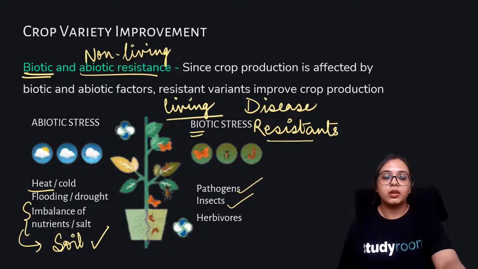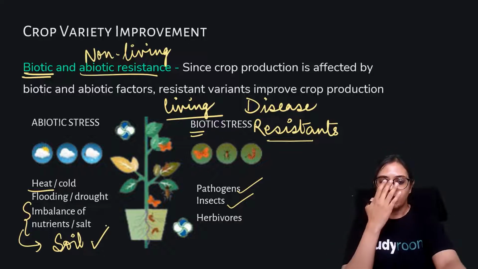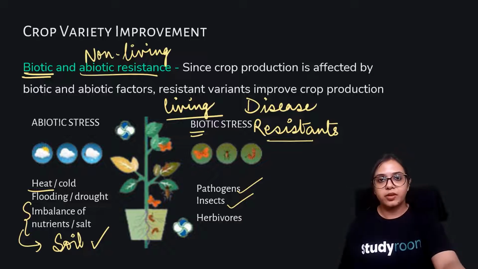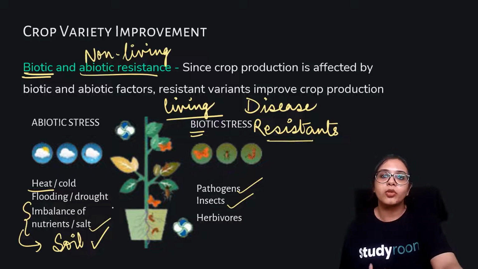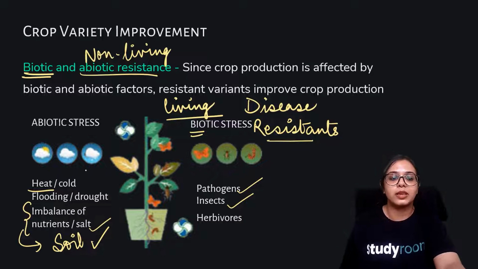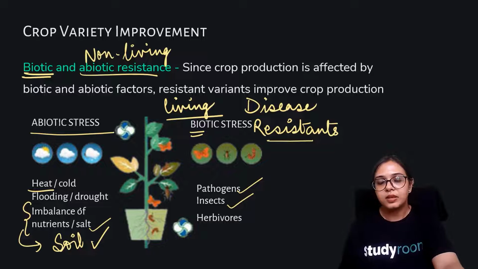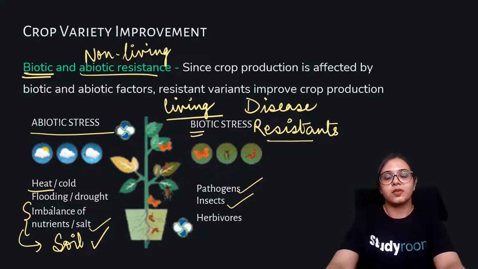Not all kinds of soil would have the same nutrient level, right? So there may be an imbalance of nutrients, or an imbalance of the saline quality of the salt. So we are also achieving those improved varieties of crops that are resistant to these extreme climatic conditions, this abiotic stress, as well as to these different soil conditions.